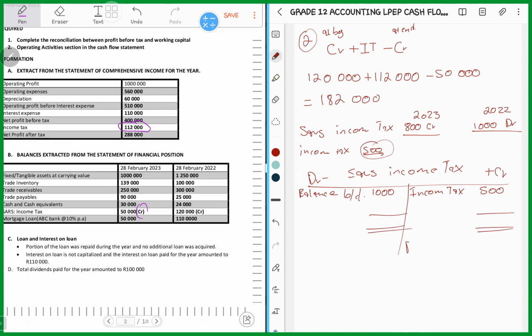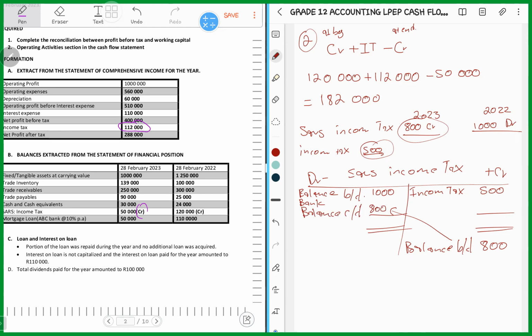Then here, since it's saying credit, you would do it this way. Then you'd say balance brought down, which is how much? 800. Then you say 800. Then you bring it here. Then you would have the bank, which will be the balancing figure. And here another balance carried down of 800.